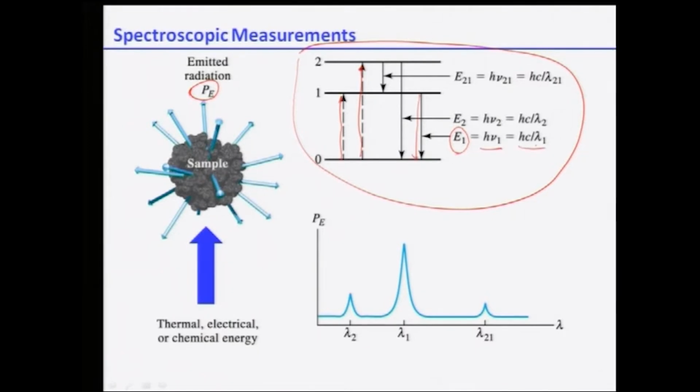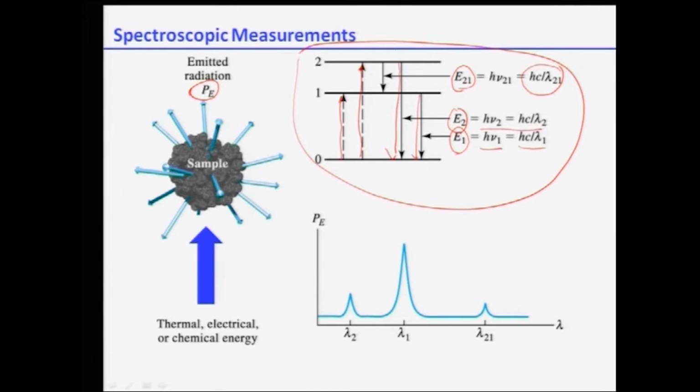The second thing that can happen is that from energy state 2, if it is excited, it will be given so much energy that it goes to energy state 2, and it comes back to the ground state, and then this much energy will be released, E2, which corresponds to hc by lambda 2.